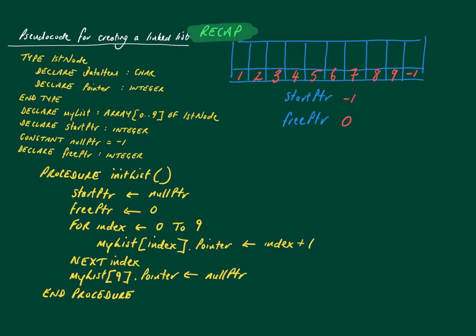Then we link all the nodes together. The fixed loop here loops for all the elements in the list, and adds these red numbers. So the first array element links to the second, links to the third, and so on until you get to the last array element. Because there are no more nodes in our linked list, as we have a fixed size array, we set its pointer to be the null pointer, which is -1 in this case.